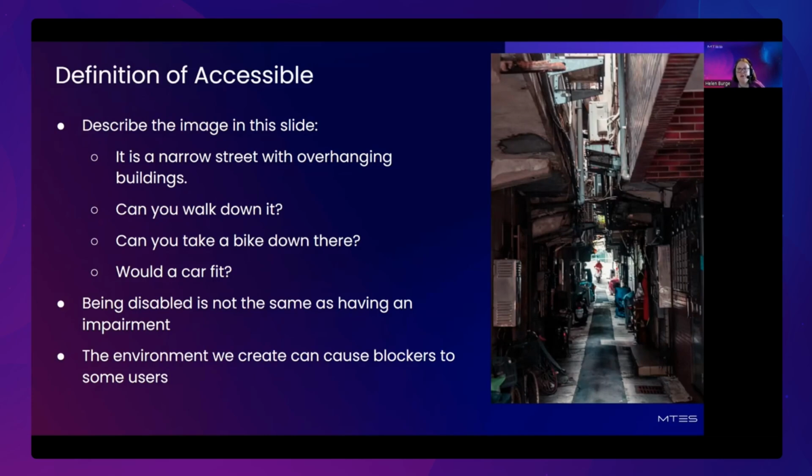You can't move the buildings apart. So a car driver, through no fault of their own, is blocked from using the street. And this is the same for accessibility, where people have a physical disability and use assistive technology to interact with digital assets.